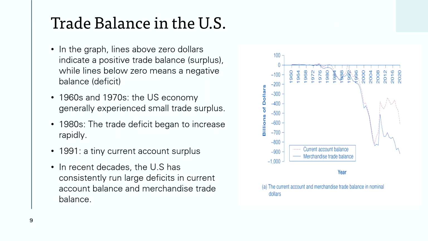Now let's look at the historical data of the United States. In the graph, values above zero indicate surpluses, while values below zero indicate deficits. During the 1960s and much of the 1970s, the United States generally experienced small trade surpluses.